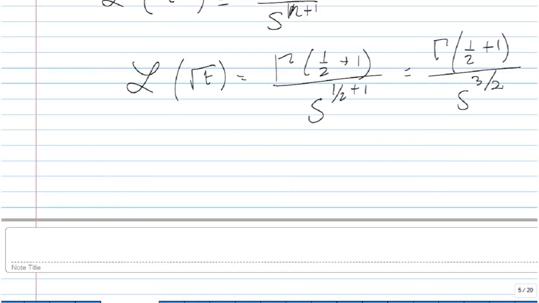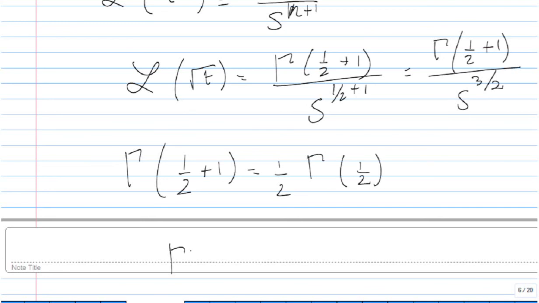So this tells us, using the other formula I gave you, that gamma of 1 half plus 1 is 1 half times gamma of 1 half. And gamma of 1 half is square root of pi. There are many ways.